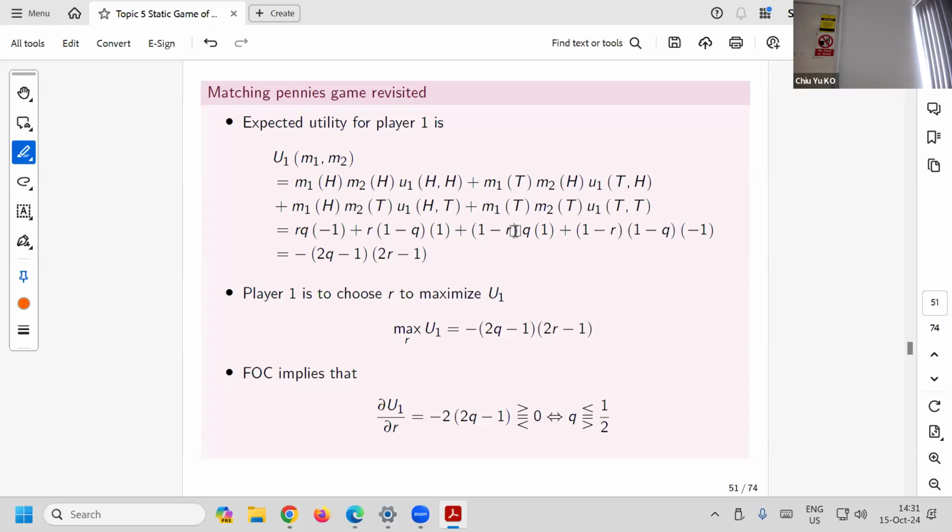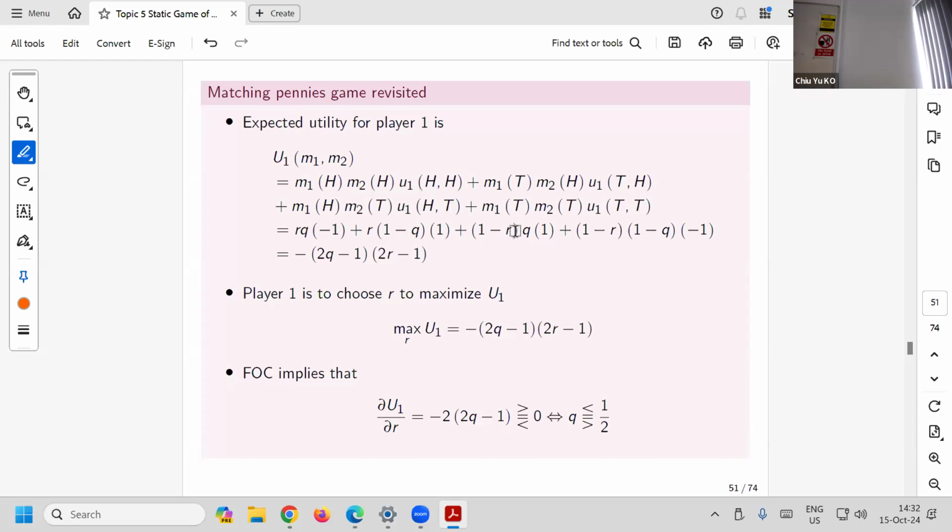Do remind you that player one is choosing R to maximize the payoff. Of course, it's very tempting to do differentiation, because you're maximizing a function. It's linear, so it's simple. The derivative turned out to be something like this.